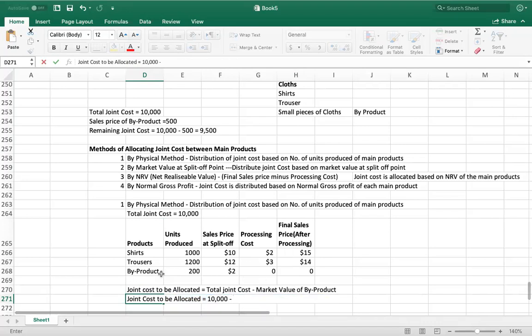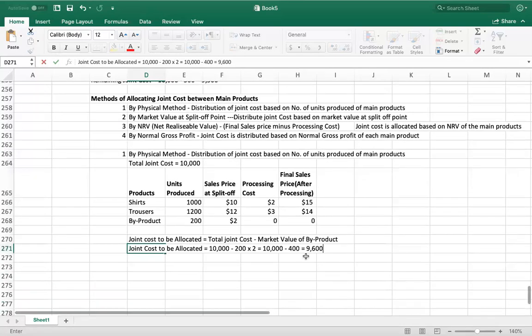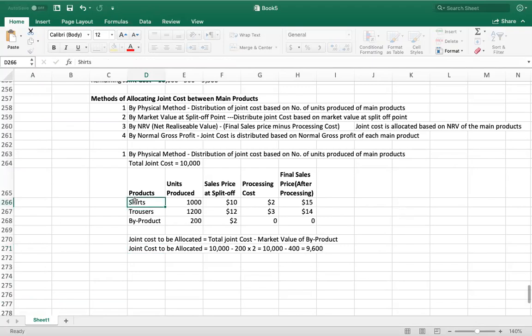Market value of byproduct is 200 units at $2 per unit, so 200 multiplied by 2 is 400. So 10,000 minus 400 is 9,600. This is the amount we will allocate between the main products, shirts and trousers.